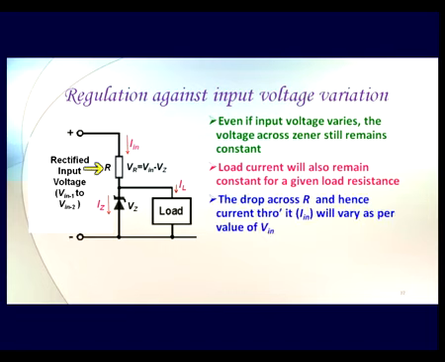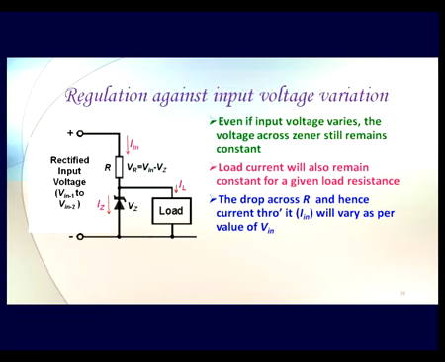The drop across this R is going to determine the input current, and it will be determined by this Vin, whether it is Vin1 or Vin2. Depending on that, this resistor voltage will be Vin1 minus VZ or Vin2 minus VZ. So my Iin will depend on this resistor voltage. So this Iin is going to change, but IL is going to remain constant.